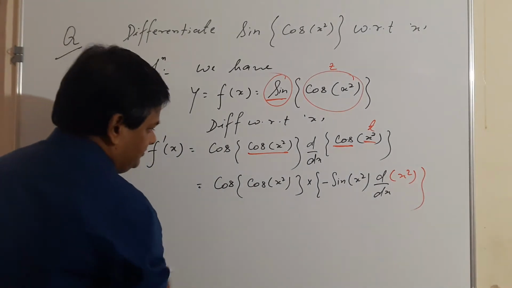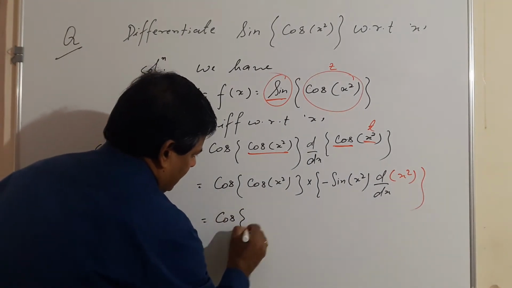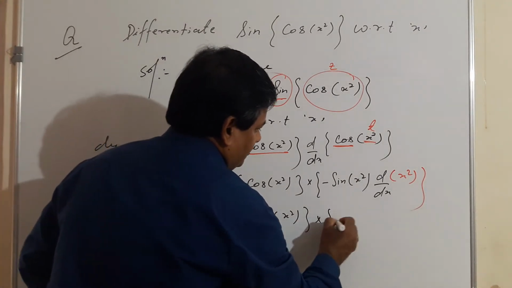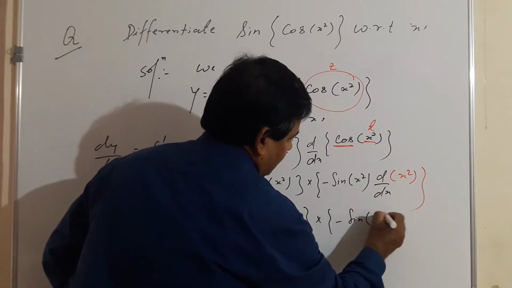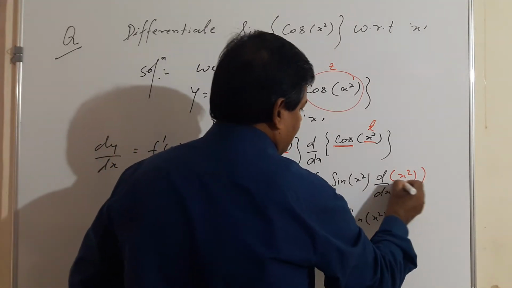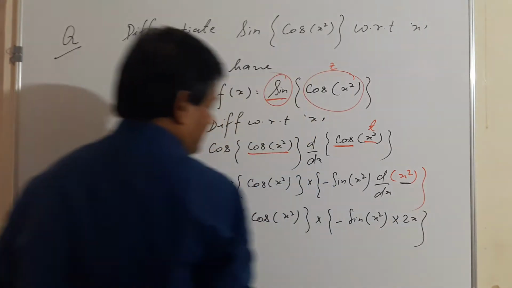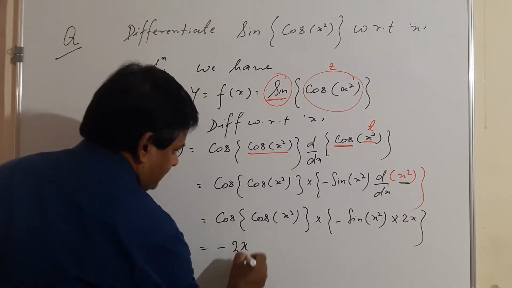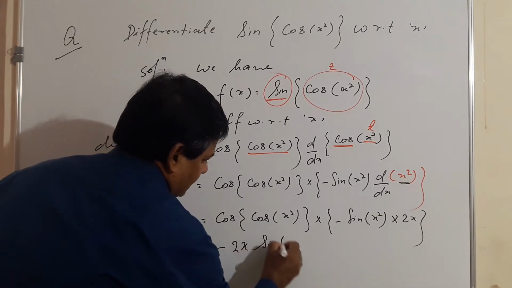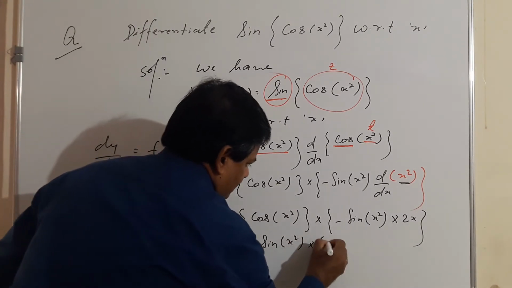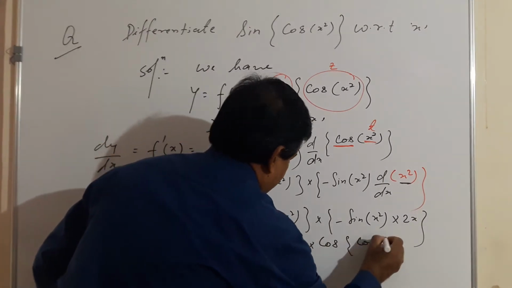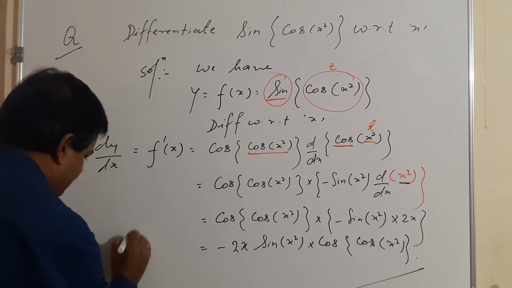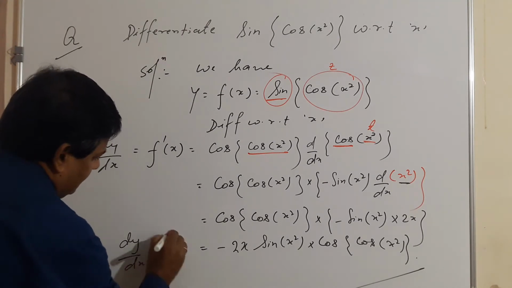So this becomes cos(cos x²) into minus sin x² into the differentiation of x², which is 2x. So this becomes minus 2x sin x² cos(cos x²). This is your dy/dx or f'(x).